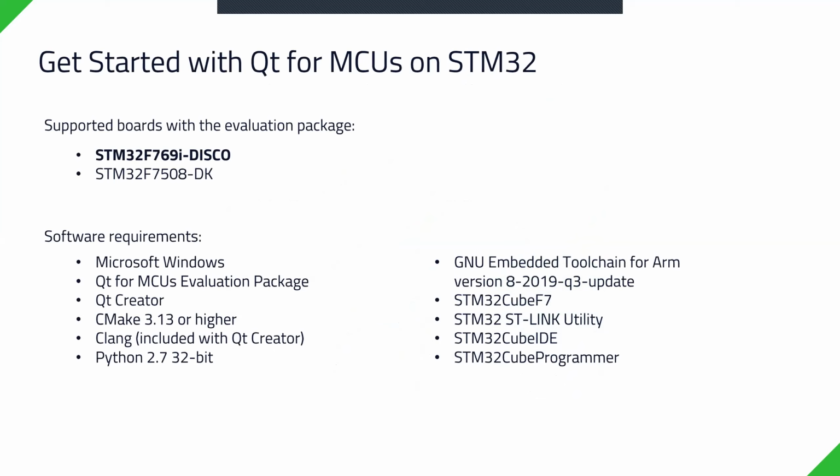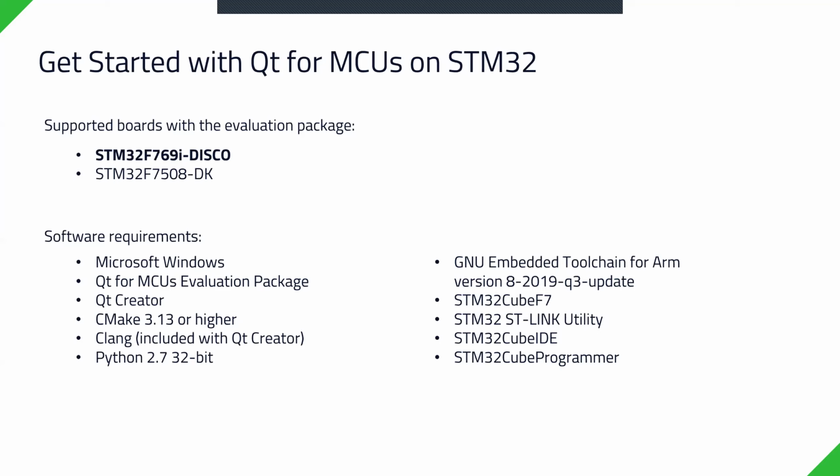Quickly before we start, just below you can see a list of software you must use in order to complete this tutorial. First of all, you need to be running Microsoft Windows, as the evaluation package has tools only for this platform. Later, the final release will also include packages for Linux.